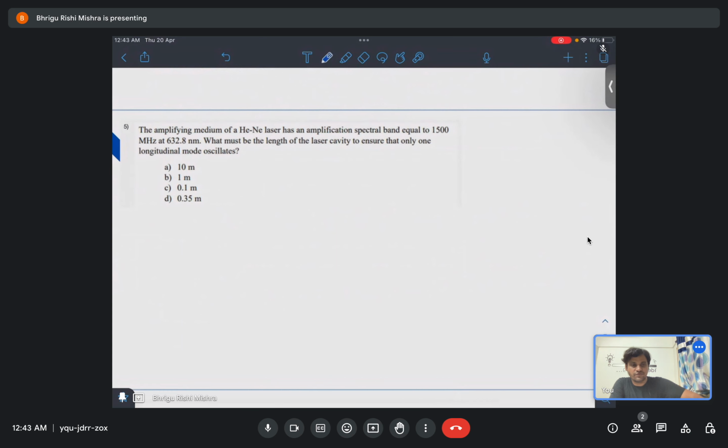If you have gone through the lecture, there is a formula given to calculate the length of the cavity, which is L = mc/2nν.